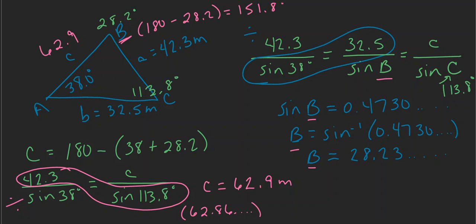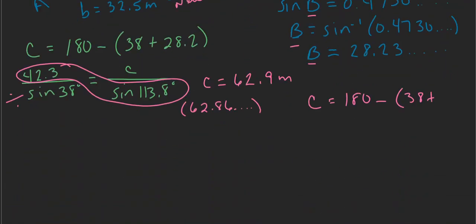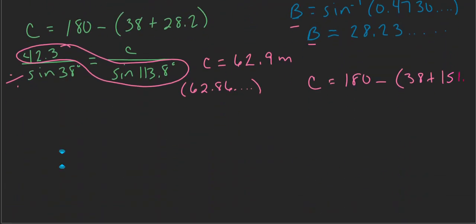Now we're going to see if I can take what I just found for angle B and what I was given for angle A to come up with a new angle C. So I would do the same thing I did for the old angle C. So for a new angle C, it would be 180 minus 38 plus the 151.8.